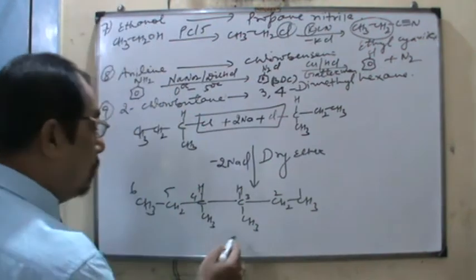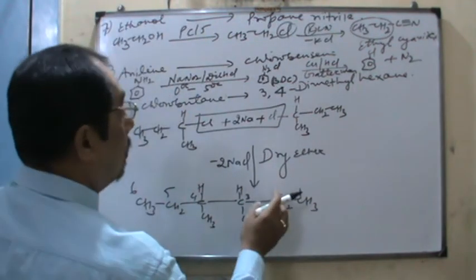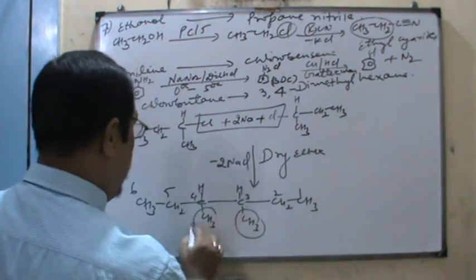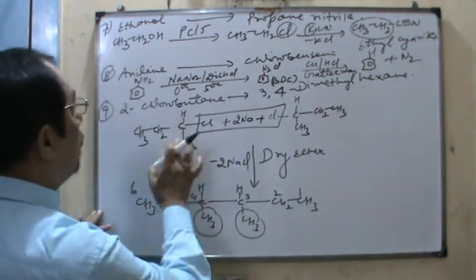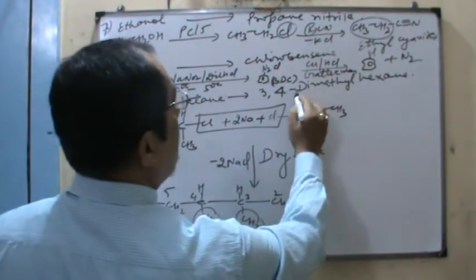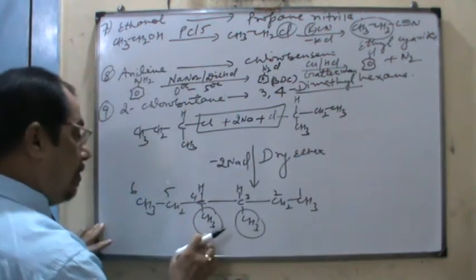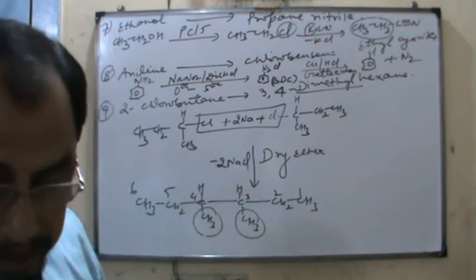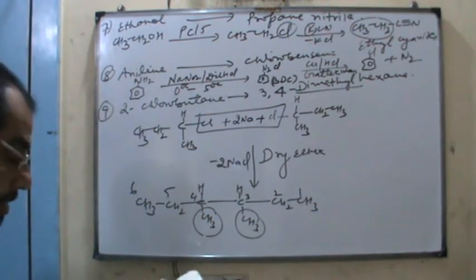So therefore it is 3 and 4 dimethyl hexane, right? So you have applied the Wurtz reaction.